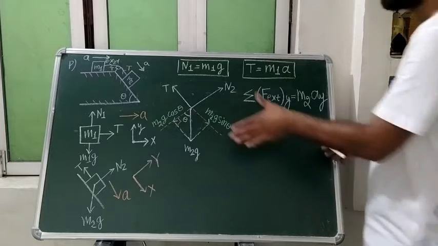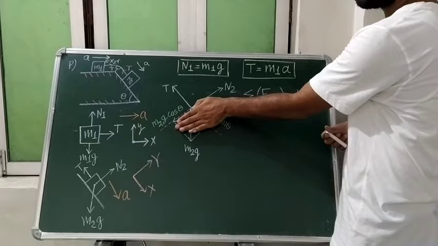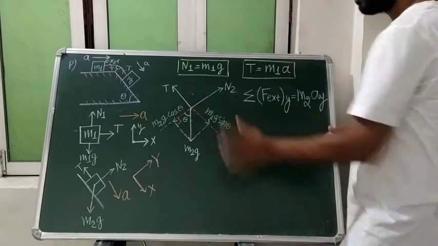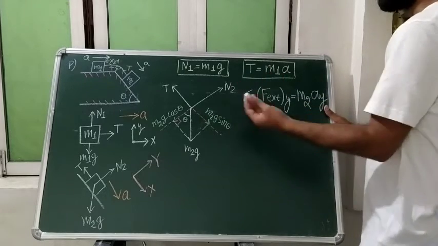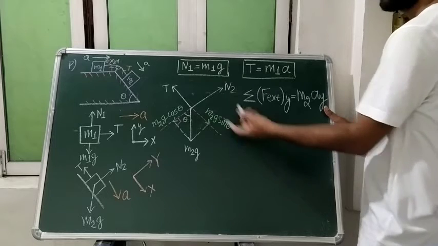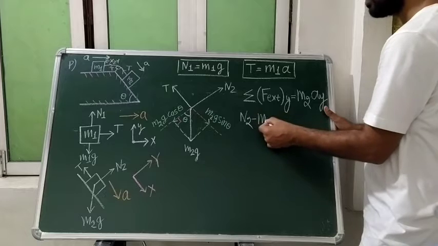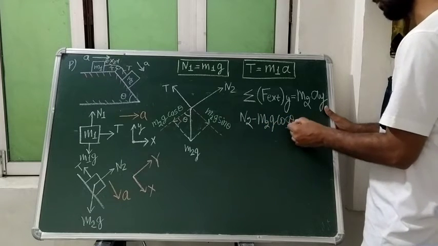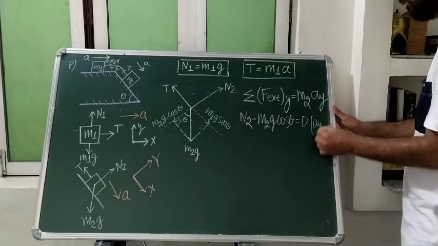When we look at the y direction, only m2g cos theta and n2 are acting here, isn't it? Suppose upside is positive, so n2 is positive and m2g cos theta will become negative here. So n2 minus m2g cos theta equals 0. Why? Because our ay is 0.